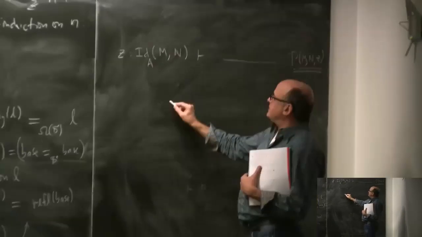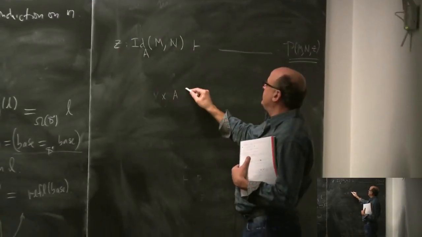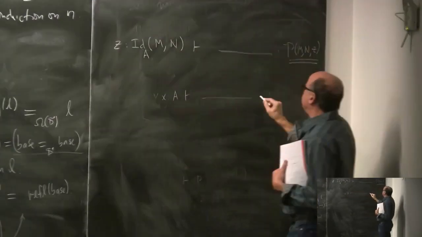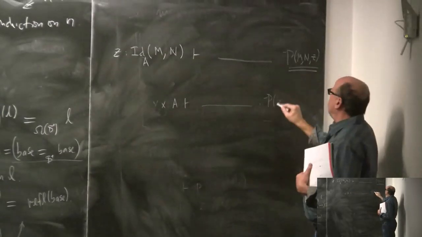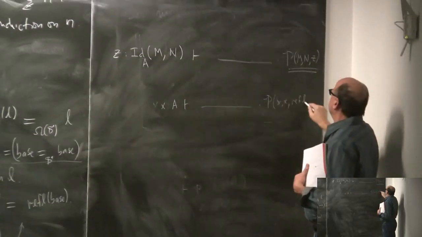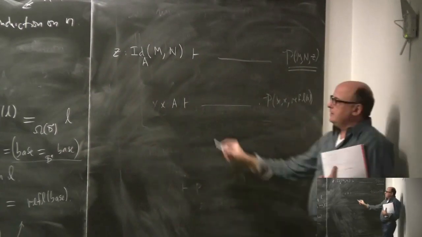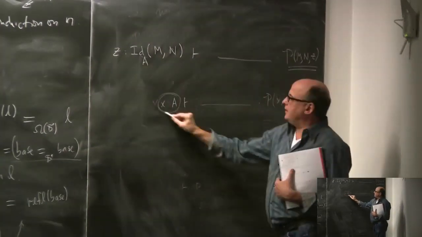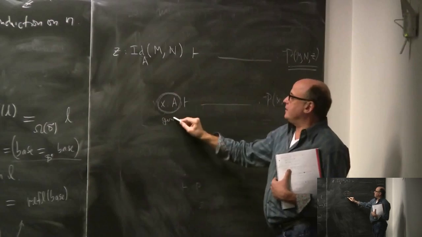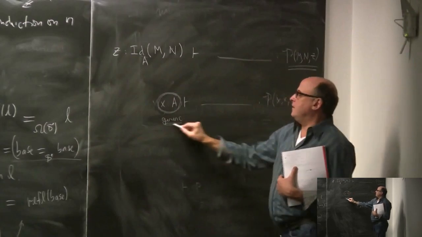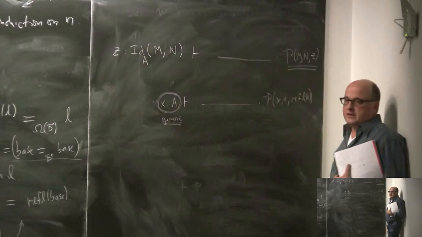And the sufficient condition is that if you give me any x in A, it suffices to prove P of x, x, refl of x. This is generic. It's important that it be generic.